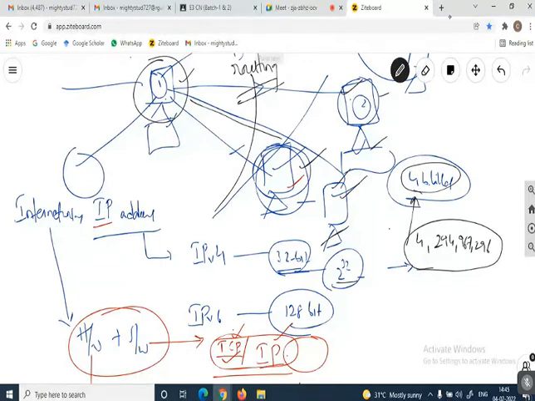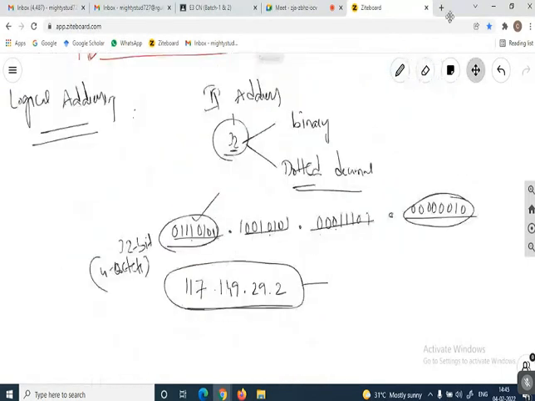So how we are going to identify the IP addresses is, okay, we know the basic function. Suppose you make all bits equal to 1, so what is the value we are getting?